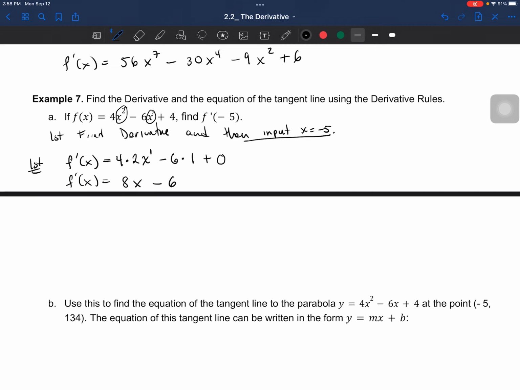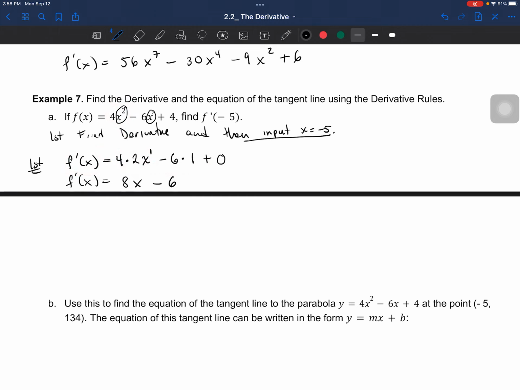Now, I want to point out that we have to be careful with our notation. Once you take the derivative, the whole thing needs to be the derivative, so this has to equal the derivative of this.